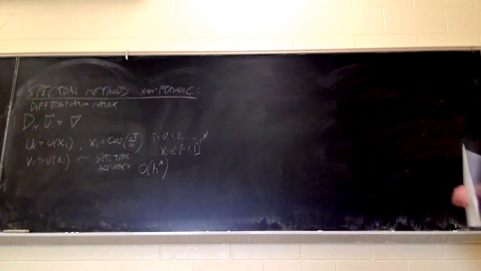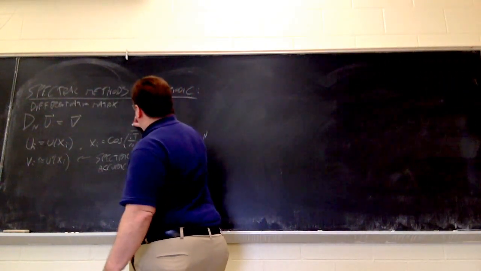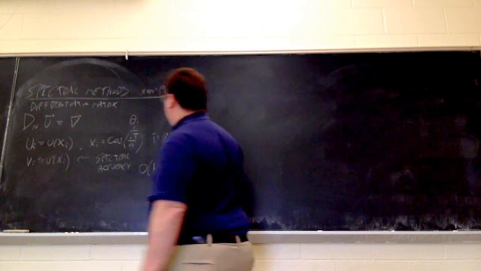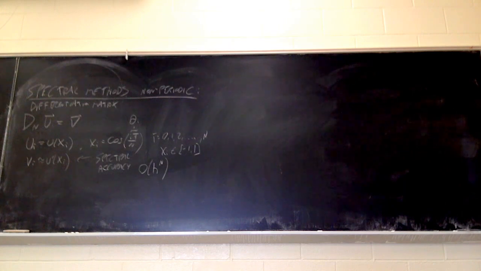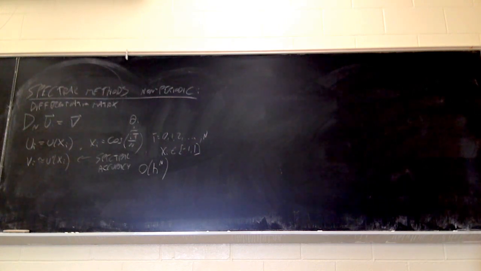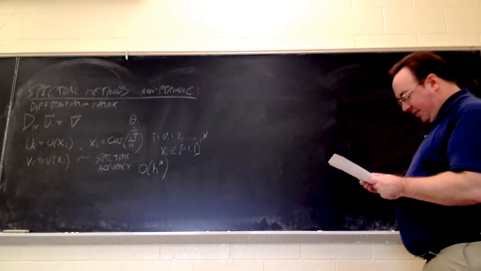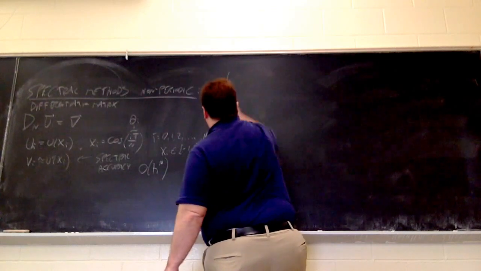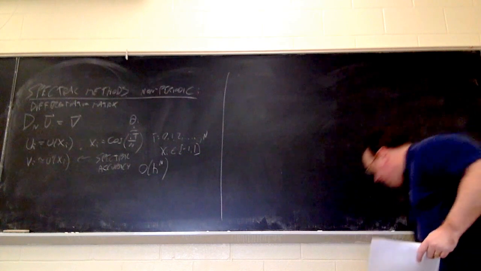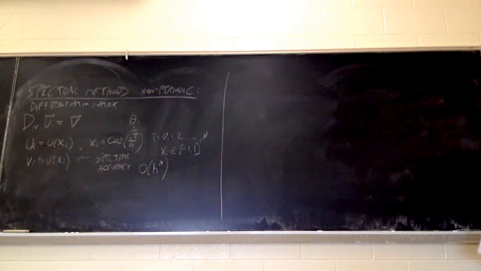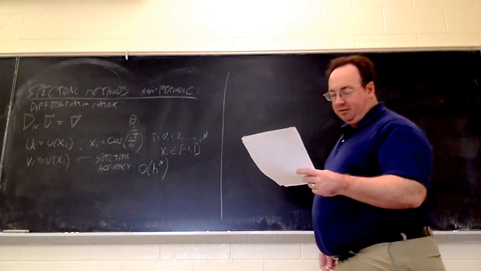You differentiate with respect to theta, and then just use a chain rule to correct that to get the derivative with respect to x. And that is a faster procedure. So at least we have a way of performing matrix vector multiplication that's efficient. Okay. So let's look at some examples of how we use this matrix to solve PDEs with spectral accuracy.